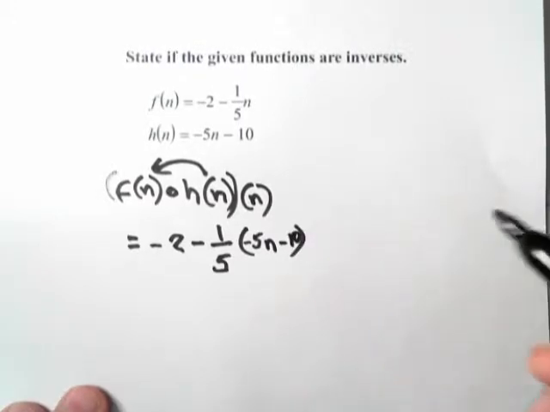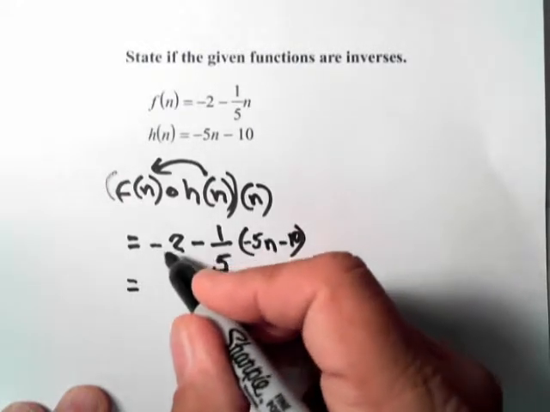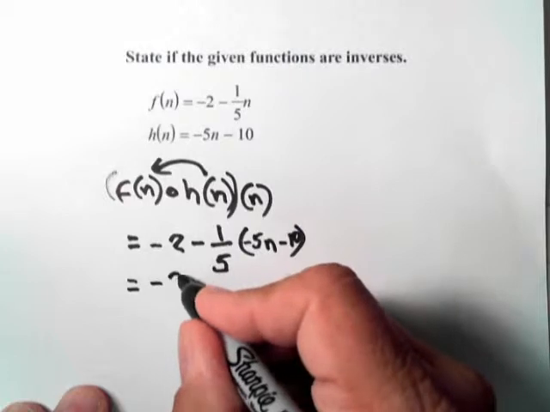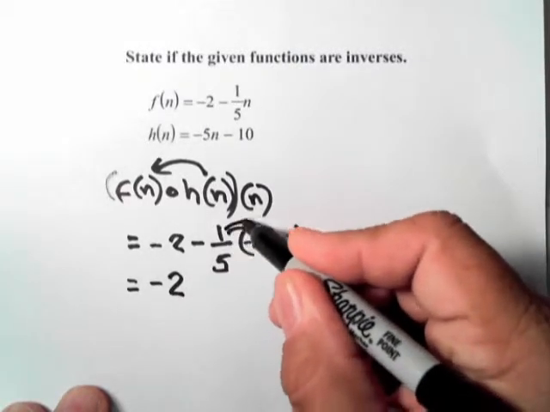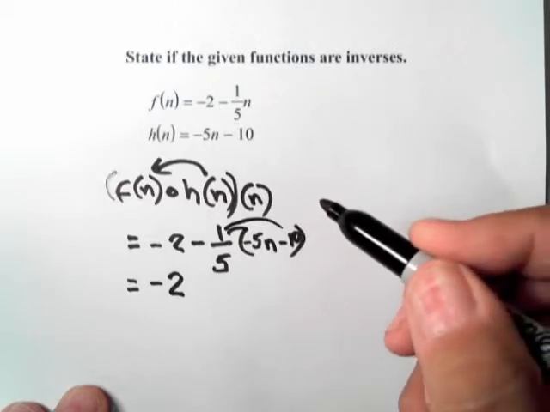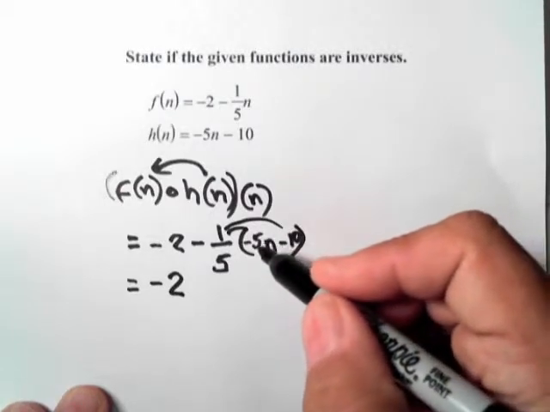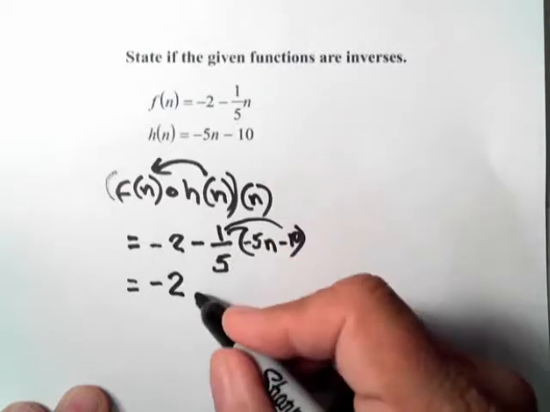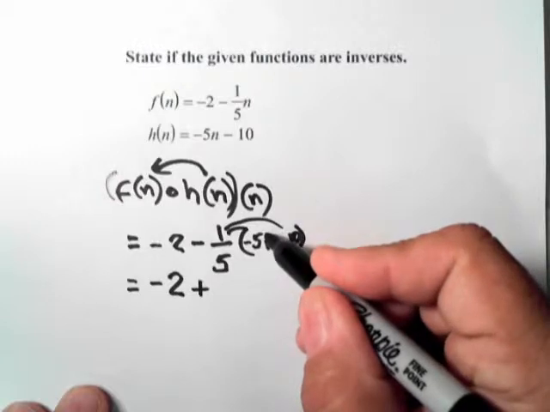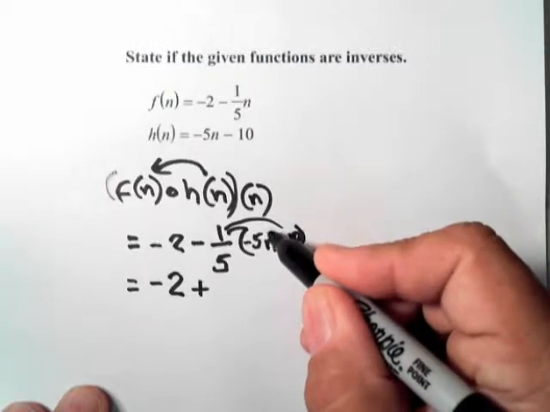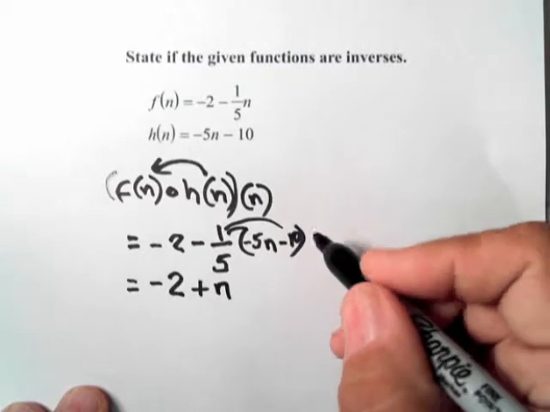Okay, let's continue on with this and see what we've got. The negative 2 out in front comes along for the ride for the moment. But now we have to distribute the negative 1/5 in front of the parens. Minus times minus gives me plus. The 5's cancel each other out, so I end up with just n over 1, or n.